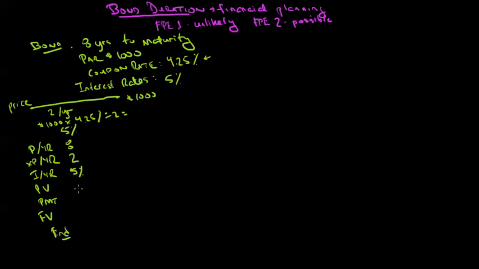My PV is what I'm solving for. Payment is going to be $21.25. And my future value, of course, 1,000. And these values will both be positive. I'm getting my coupon and I'm going to get that future value. So now I can solve that.